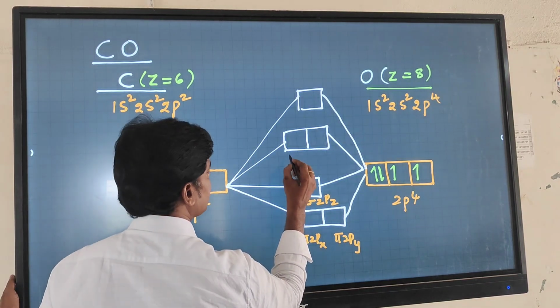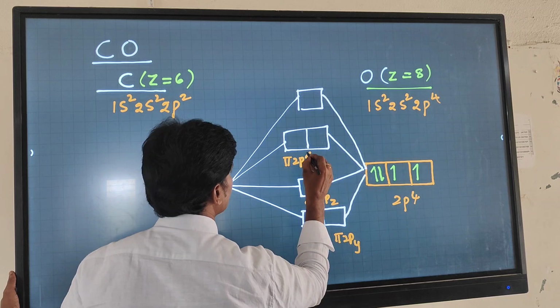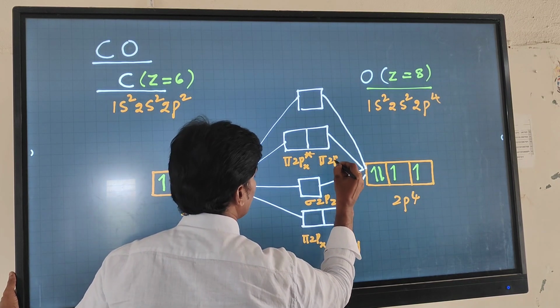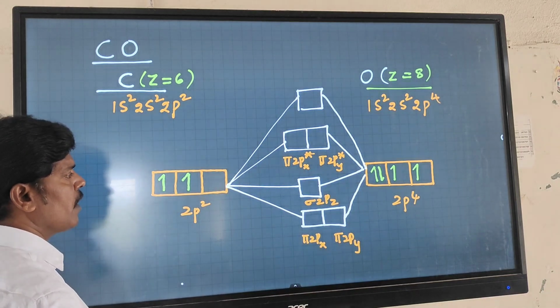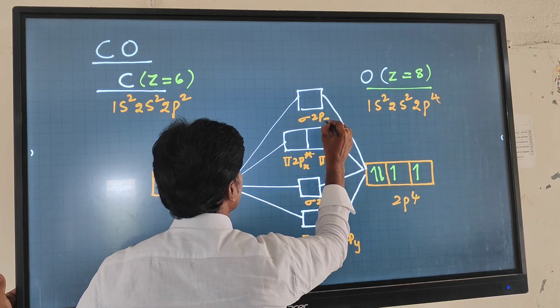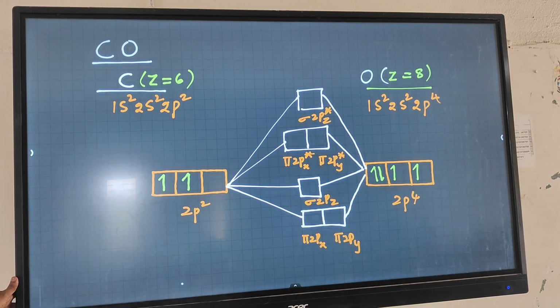Then these orbitals: pi 2px star, and this one is pi 2py star, anti-bonding orbitals we call, and the last one is sigma 2pz star. These are the molecular orbitals.